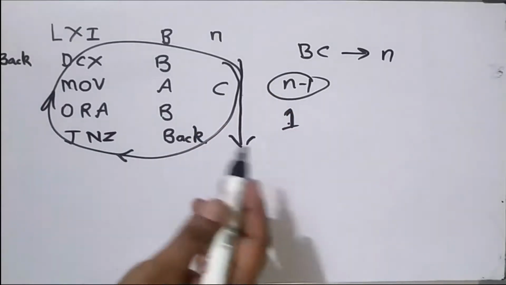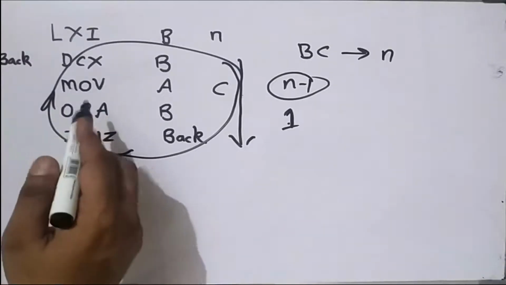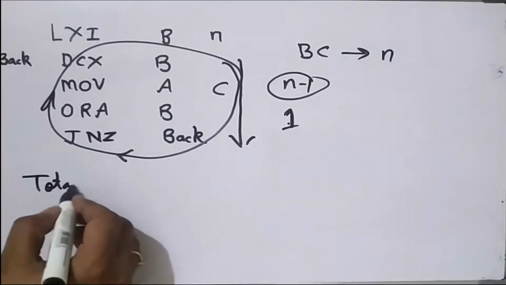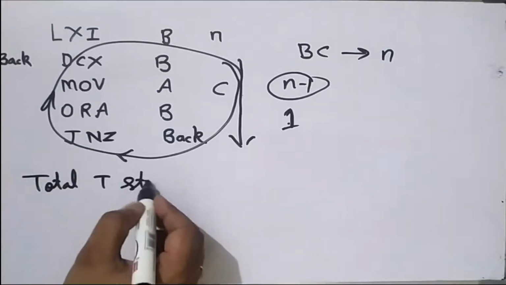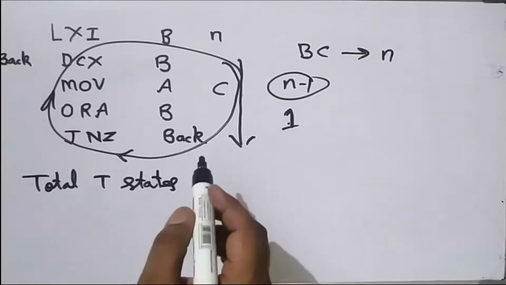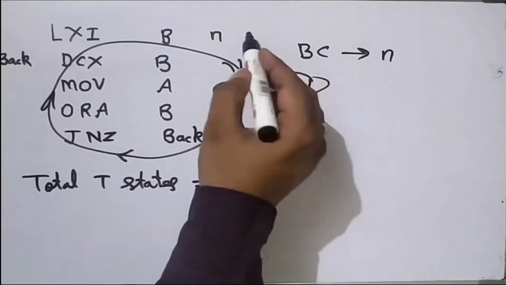Now we will calculate the total number of T states consumed to run this program. Total T states equals, now we should know the T states consumed by each instruction.